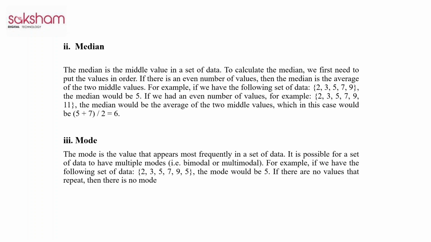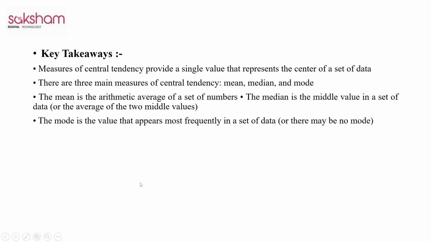For example, if we have the following set of data 2, 3, 5, 7, 9, 5, the mode would be 5. Why 5? Because 5 appears 2 times. If 5 appears 3 times, 5 is still the mode value. If there are no values that repeat, then there is no mode. So this is the example of mode.